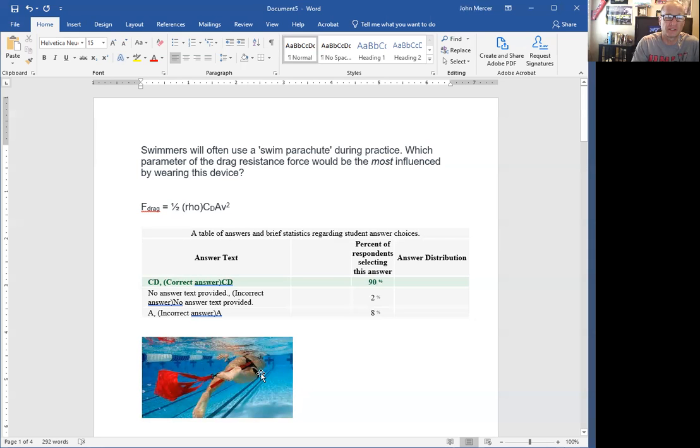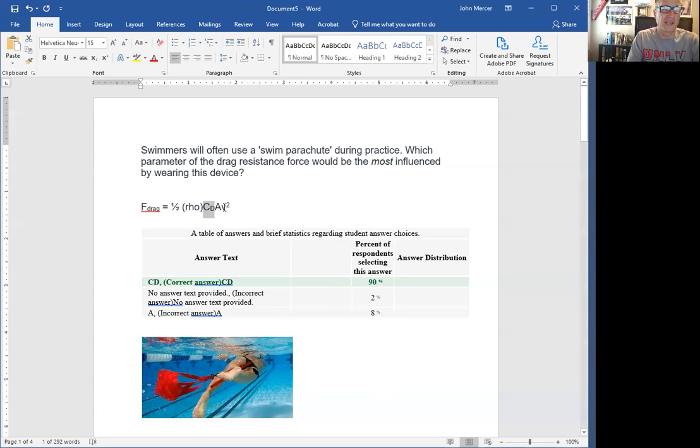You would only see the swimmer. Maybe you see a little bit of it, but you're not going to see this piece of equipment from the front of the swimmer. And if you don't see it from the front, then it's not frontal area that's influencing the drag force. In this case, it's CD. Okay, so the correct answer would be CD. There's nothing we can do about the fluid or the object.